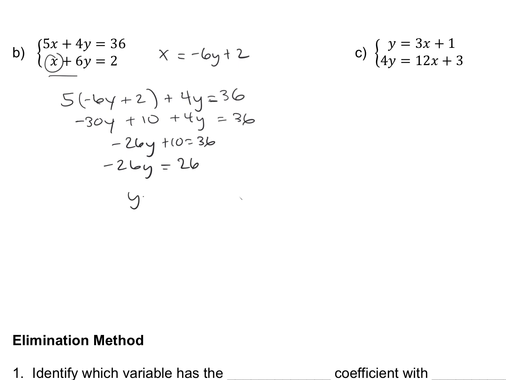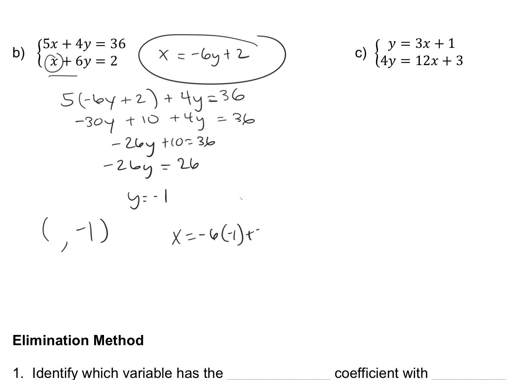So you got y equals -1. Okay, so again, it doesn't matter which one you choose. I'll probably substitute it in there because it's already solved. So x equals -6 times -1 plus 2. I got x equals 8. Be careful. It is a point, so please write the answer as a point.